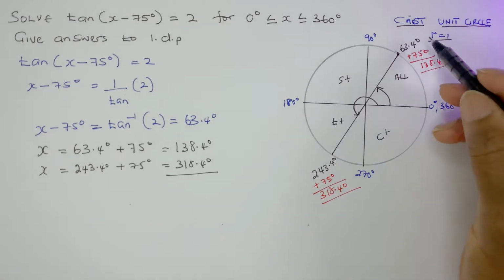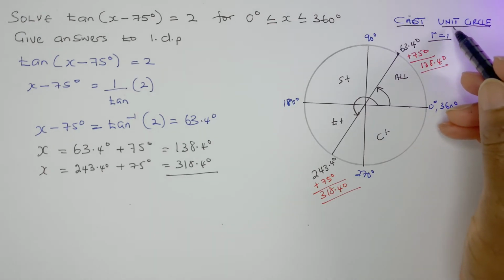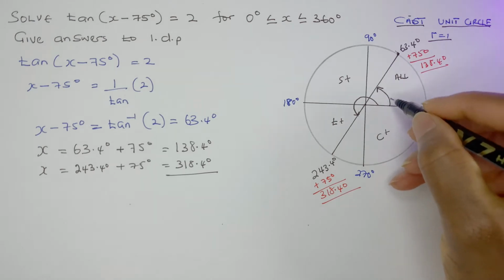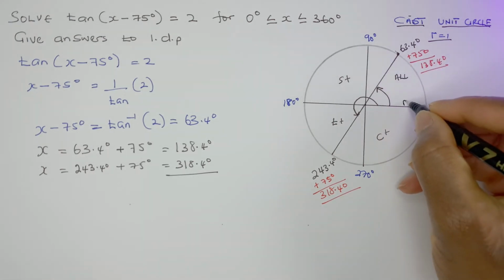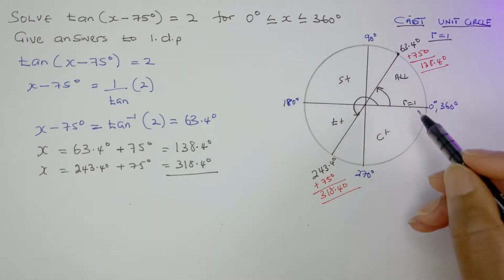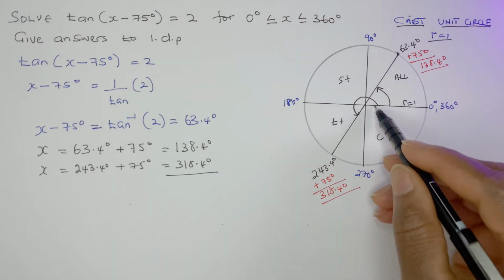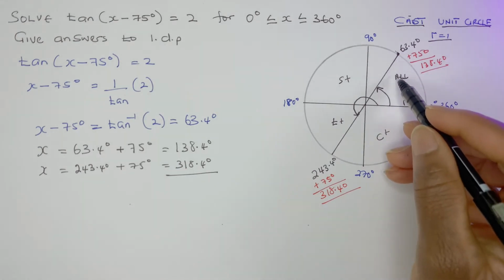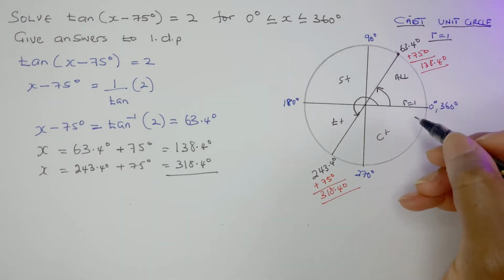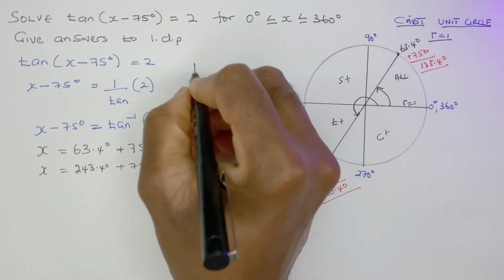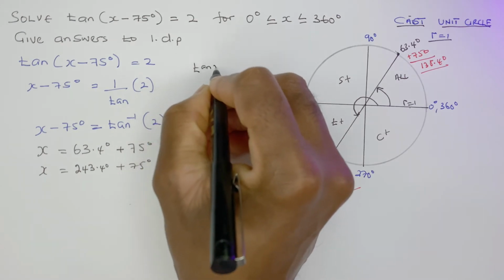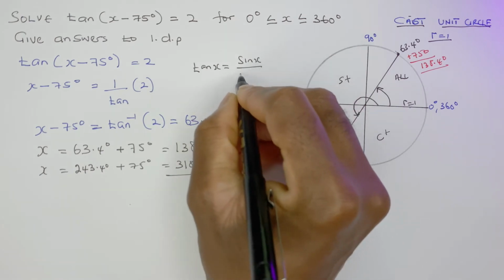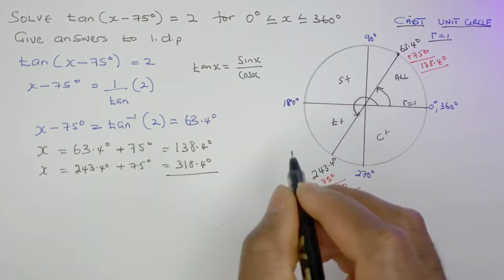Just to remember, when using CAST, it's best to have a unit circle, which means the radius r equals 1. And this is the x value here, that's the cosine, and the y value is the sine, and tangent is always sine of x over cos of x.